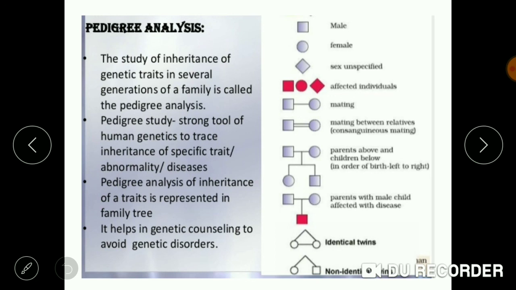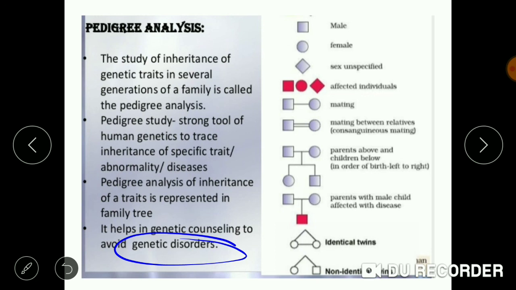Pedigree analysis of inheritance of traits is represented in the form of a family tree. It helps in genetic counseling to avoid any kind of genetic disorder in future generations.